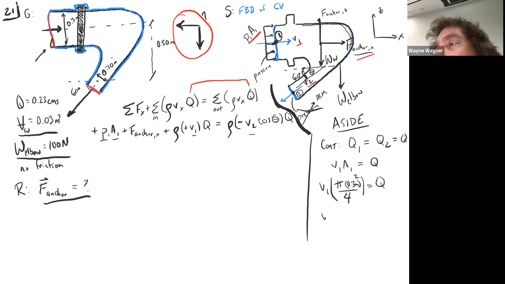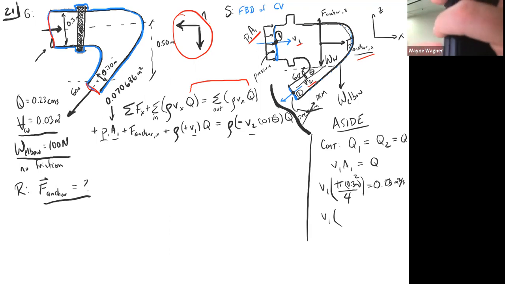So I'm going to add in a step so I can get this area right here. Pi times 0.09 divided by 4 equals some ugly number. So for my area, I'm going to say 0.070686, five sig figs. That's meters squared. Oh, and over here, my Q is 0.23 meters cubed per second. So we're going to put that area underneath it.